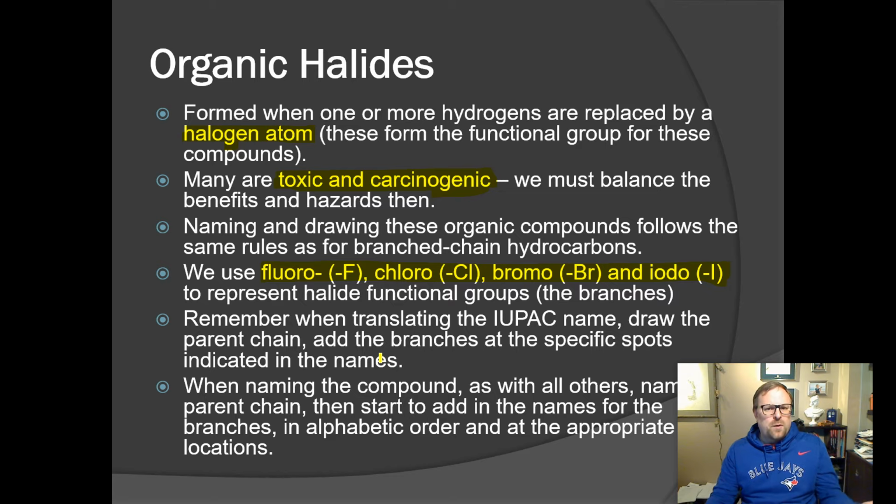So you'll have a fluoro branch, or a chloro branch, or a bromo branch, and so on. We'll name them as we would any other branch, a methyl branch, an ethyl branch, whatever it might be. We name these by doing the parent chain first and then building our way backwards in the molecule. If we have to draw these, we identify the parent chain, draw that first, and then add the branches onto it.